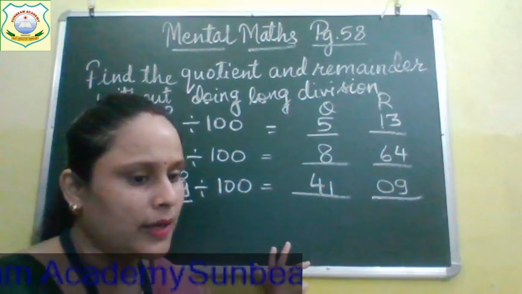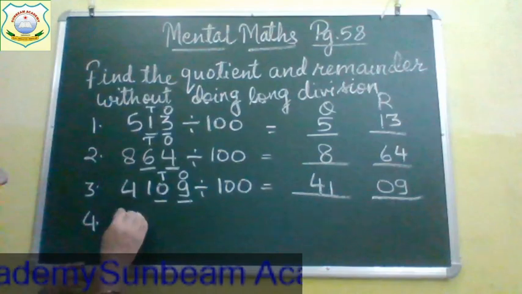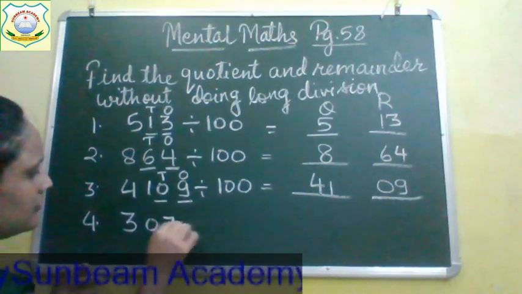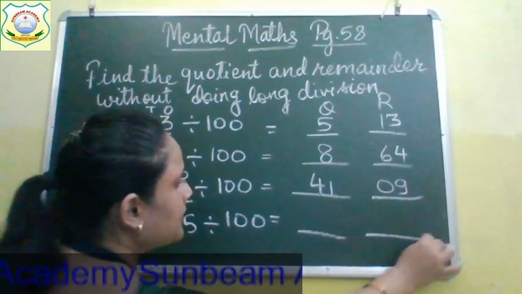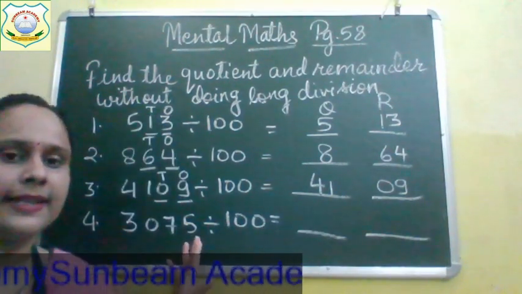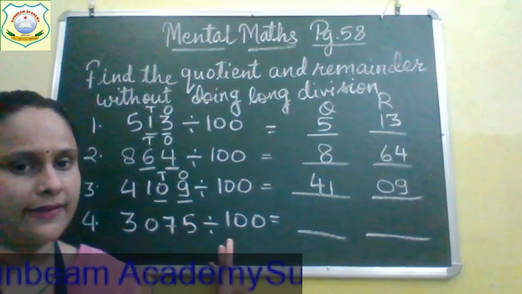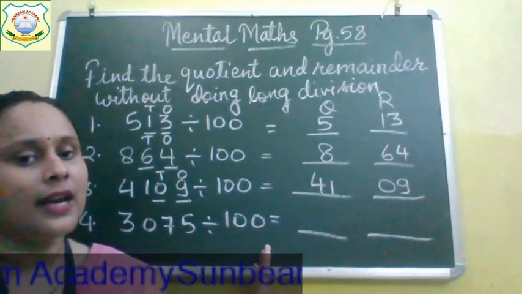Question number 4 is 3075 divided by 100. Now children, again see in this question, 3075 has to be divided by 100.